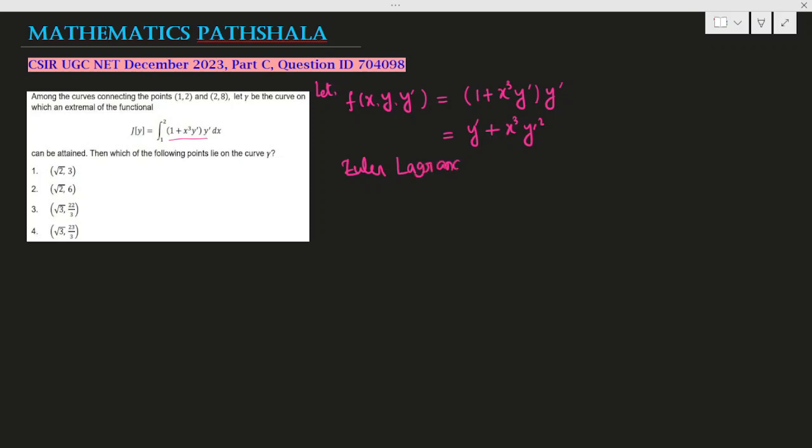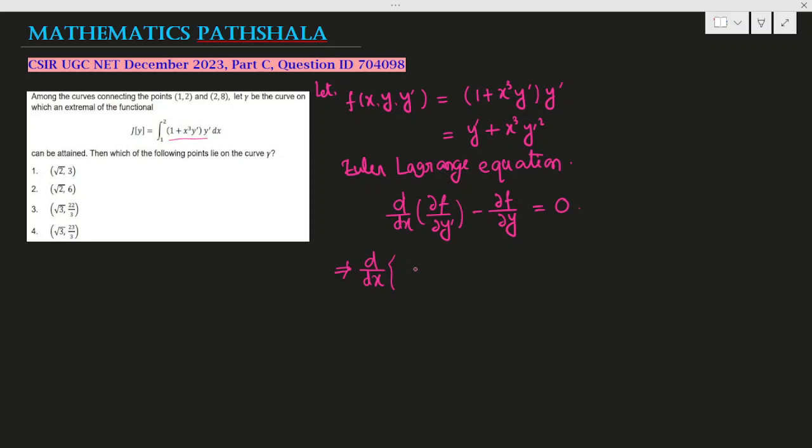Euler-Lagrange equation, that is d/dx of del f by del y dash minus del f by del y is equal to 0. So here it is the function f. Doing derivative with respect to y dash, here what do we get?